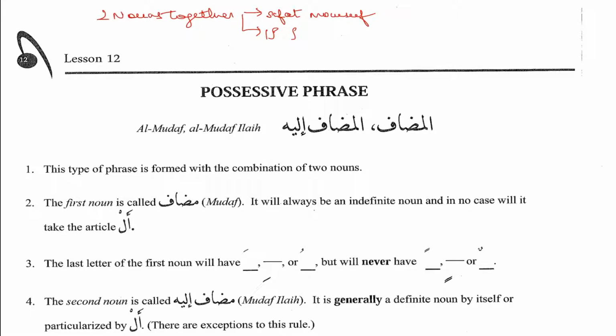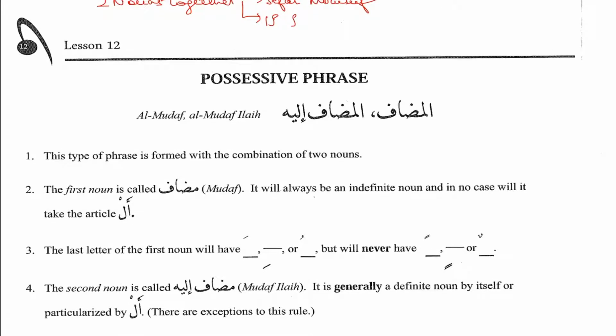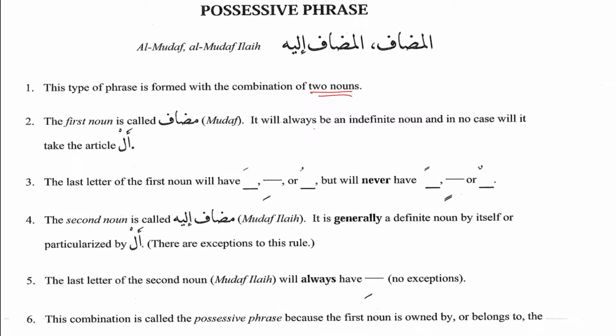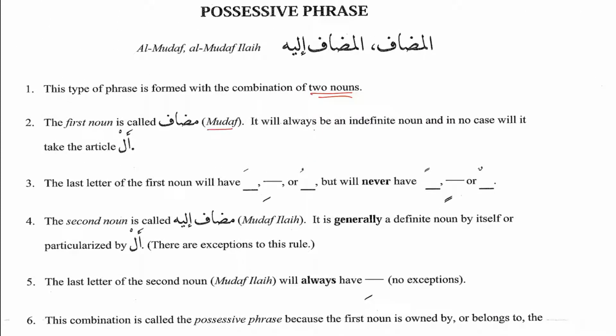What this kind of phrase basically tells us is that it's talking about a possessive phrase. There are two nouns attached, right? It's a combination of two nouns, and the first noun is called the mudaf.